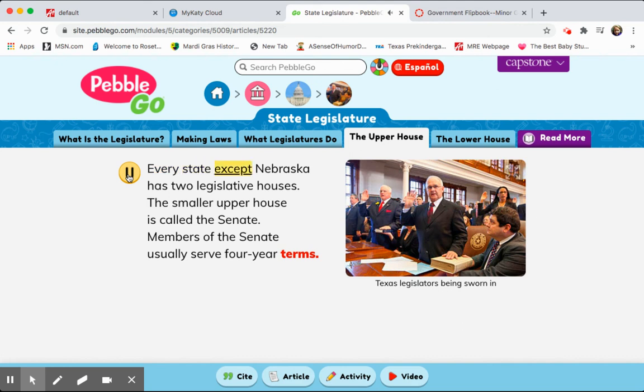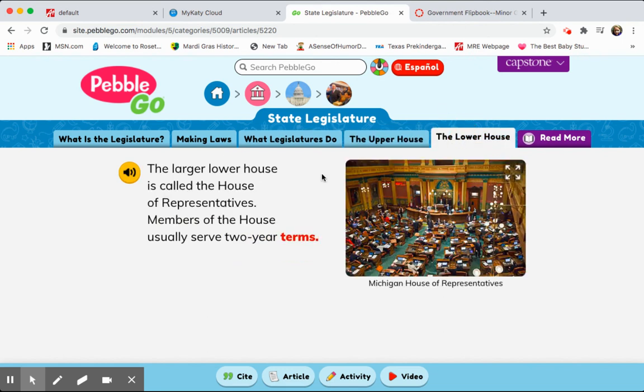Every state except Nebraska has two legislative houses. The smaller upper house is called the Senate. Members of the Senate usually serve 4-year terms. The larger lower house is called the House of Representatives. Members of the House usually serve 2-year terms.